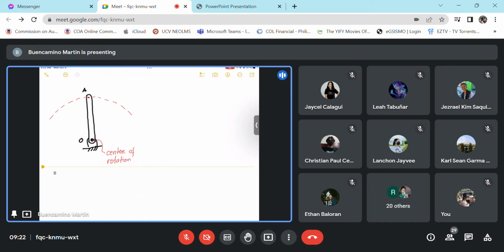And obviously, for a full rotation, it will describe a perfect circle. Do you agree with me, class?